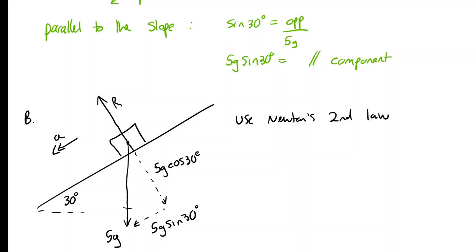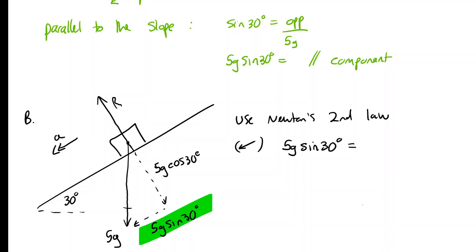We apply Newton's second law along a specific direction. We'll work down the slope. We're doing that to follow the acceleration. It's usually just a bit easier to do that. So the only force here that acts down the slope is the 5g sine 30. It's only a component that acts down the slope.